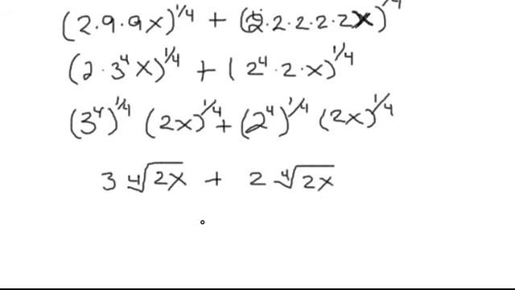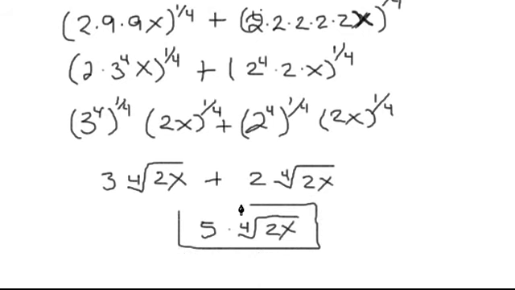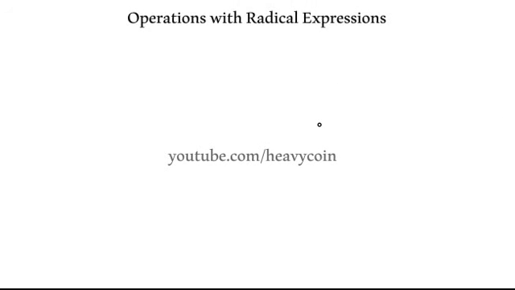And so this becomes 5 times 4 roots of 2x, and that's as far as we can go. So the big part of this is factoring the 162 and the 32. That's usually the struggle.